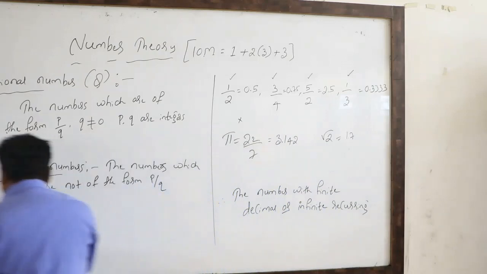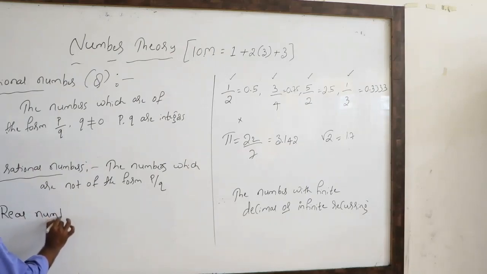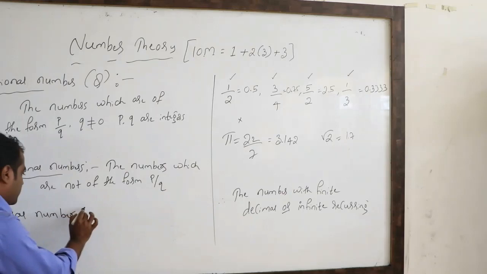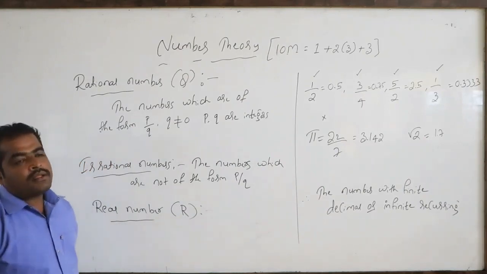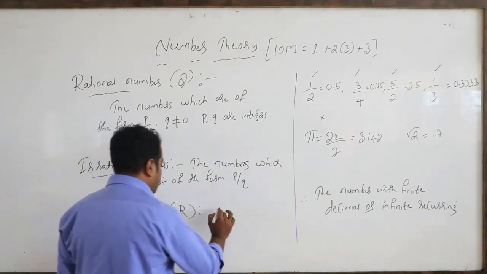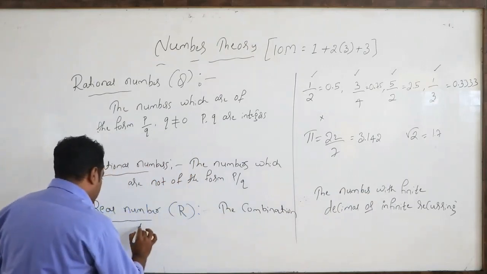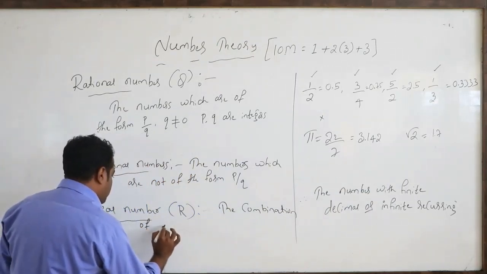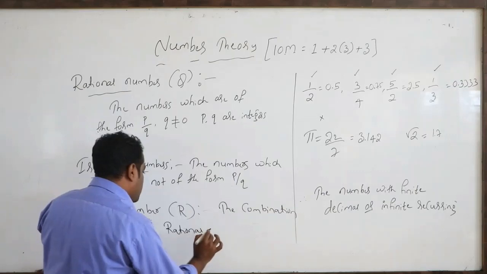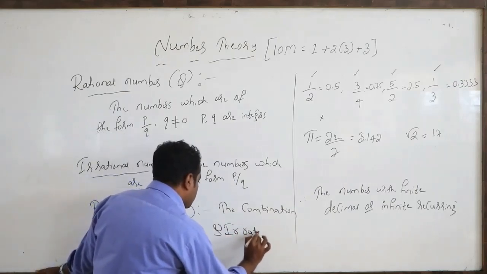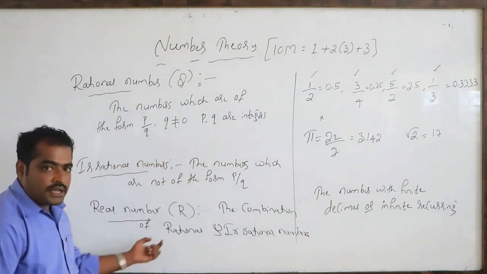So the next one, real numbers. Capital R indicates real numbers. Real numbers are nothing but the combination of rational and irrational numbers.